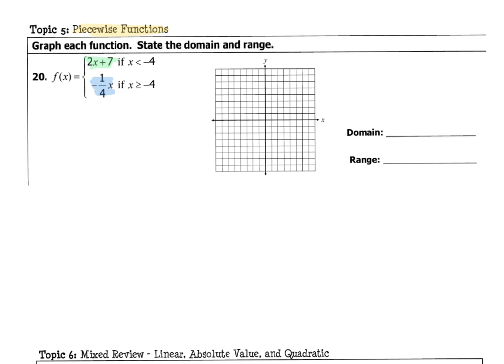So what's to the right of each equation is telling us which x's we are allowed to plug in for these equations. Okay, so we're going to show that with a table of values. So we kind of have a cutoff point where this is happening, where it says x is less than -4 for 2x plus 7, and x is greater than or equal to -4 for our equation -1/4 x.